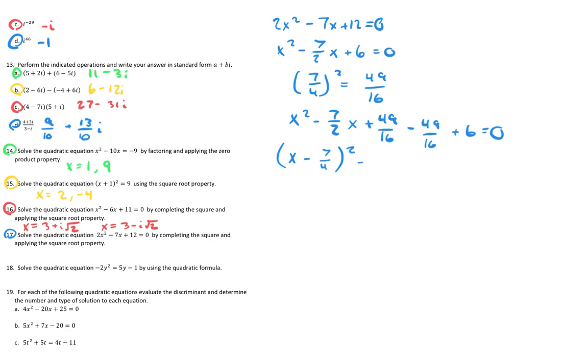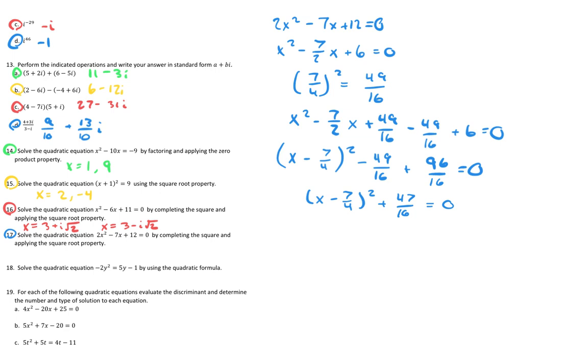If we multiply 6 by 16, we wind up with 96 over 16 equals 0. Then we can combine those terms, and that's going to get us 47. So we get x minus 7 fourths squared plus 47 over 16 equals 0.